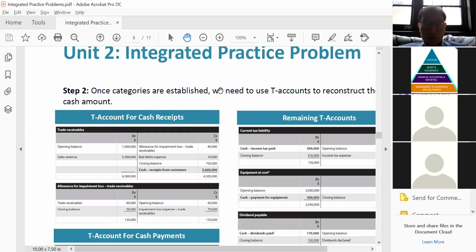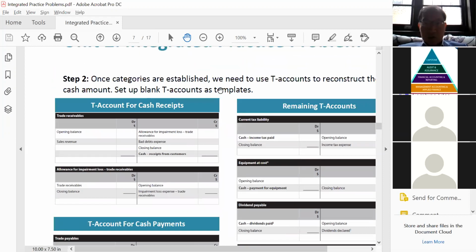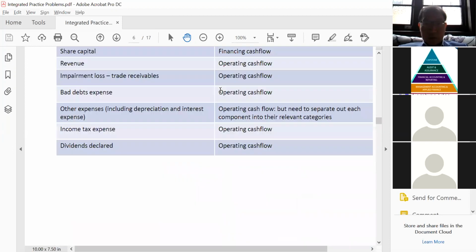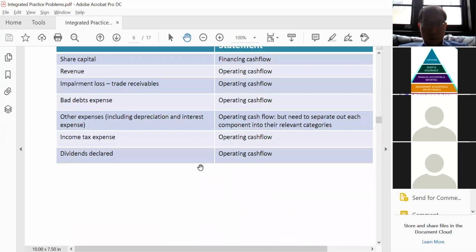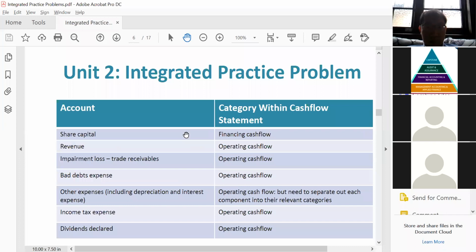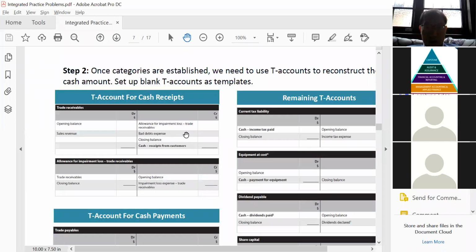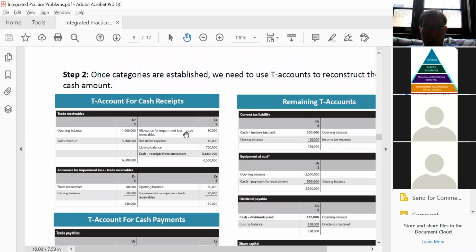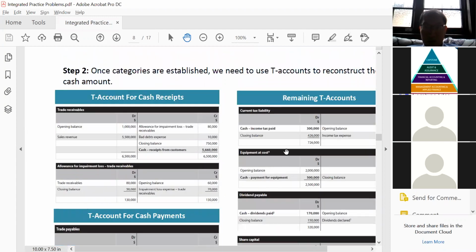You'll never be in a position where you haven't been given enough information. In fact, you could be given more information as opposed to less. So if we walk through one of these examples, looking at equipment at cost.